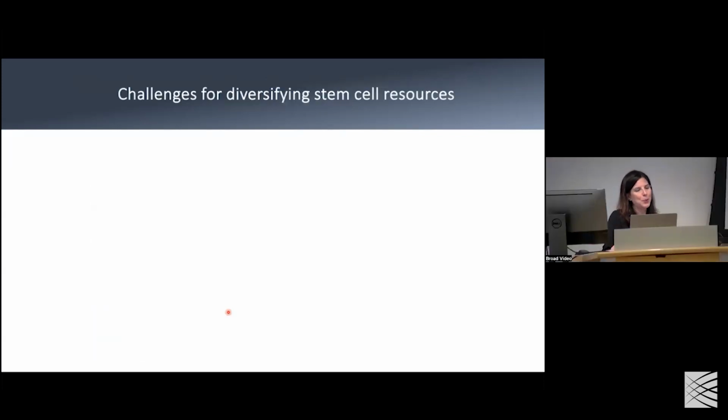All right, so I hope that we've convinced you that there are many advantages and actually a need, scientific as well as ethical, to diversify stem cell resources. However, we should keep in mind that this is not an easy task, and we are well aware of this. So first and foremost, all of the recent effort around greater inclusivity exists in a historical background of a lot of discrimination, which has led to really mistrust of many in the scientific and medical establishments.